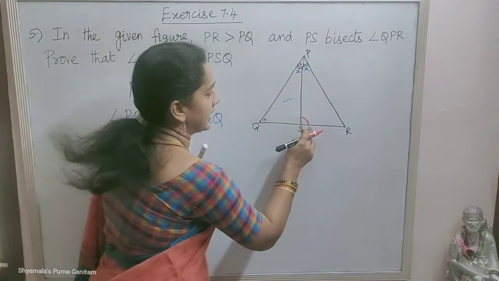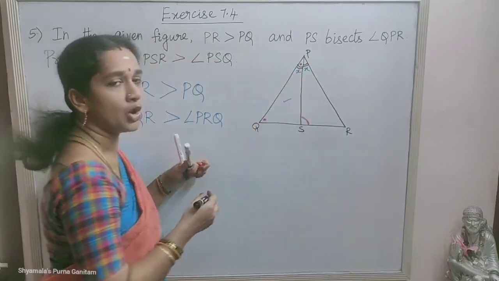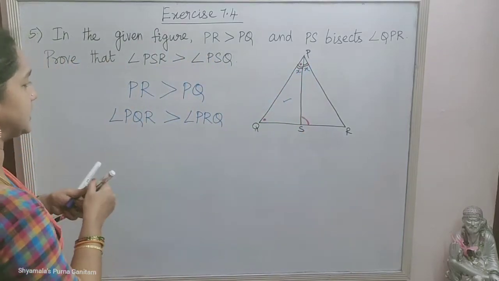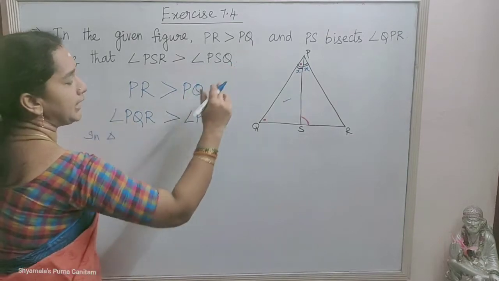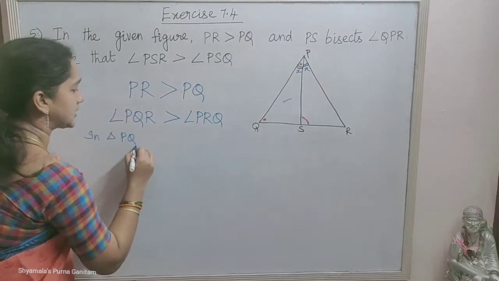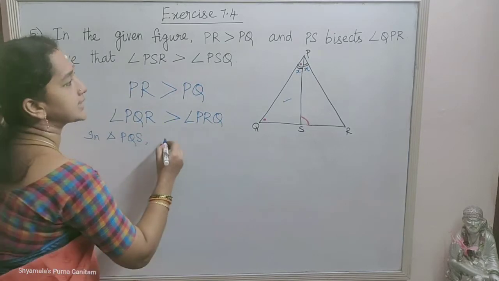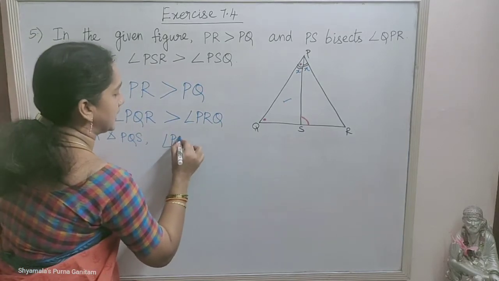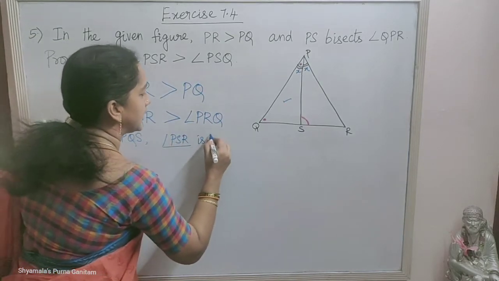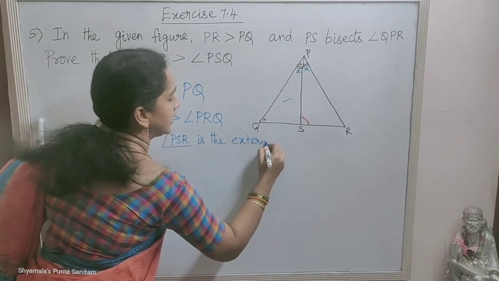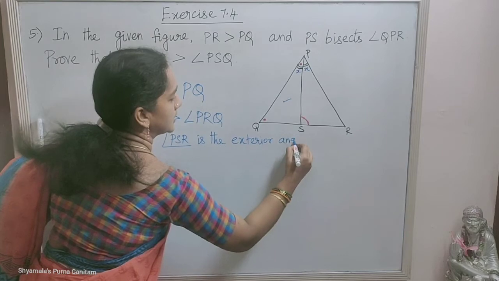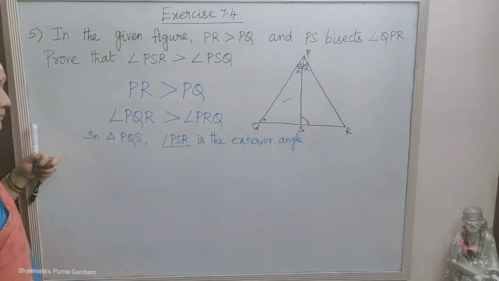In triangle PQS, angle PSR is the exterior angle.